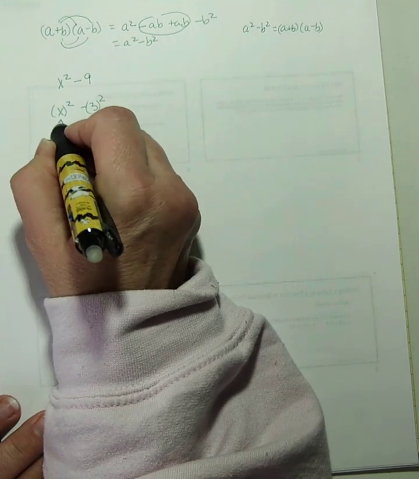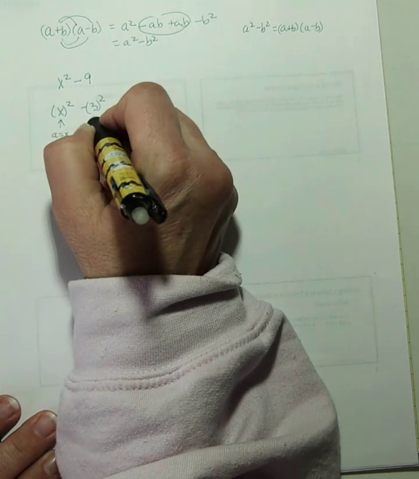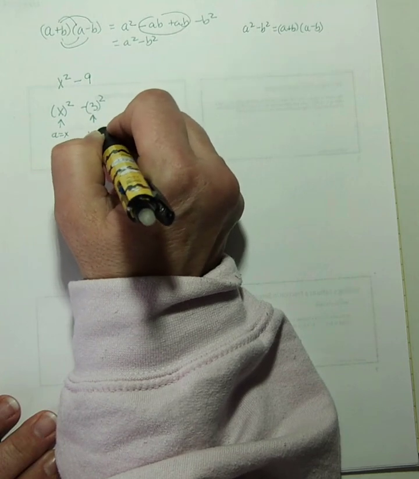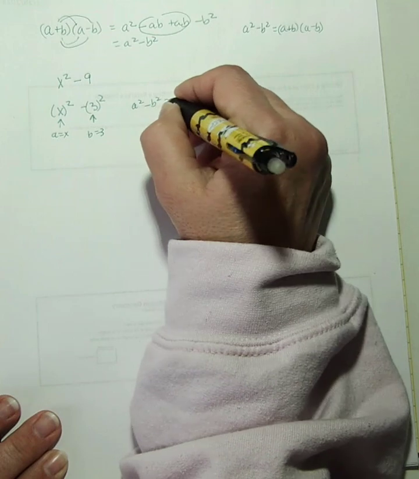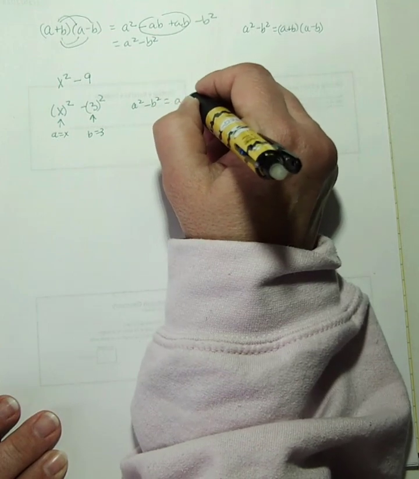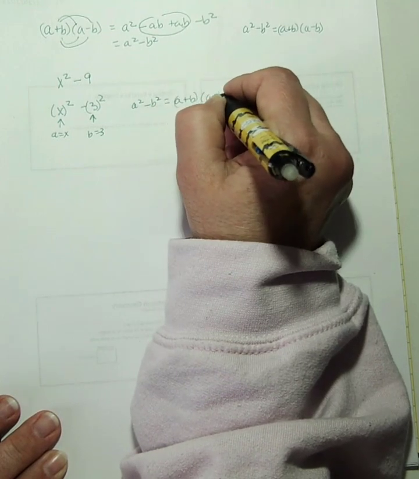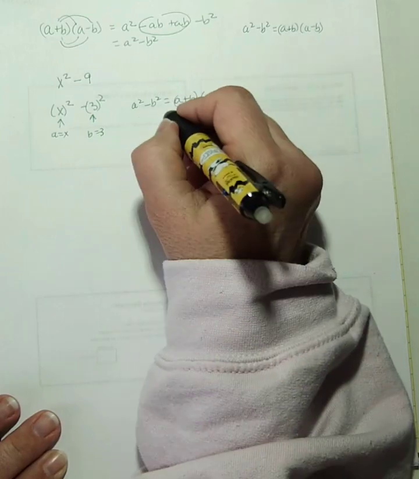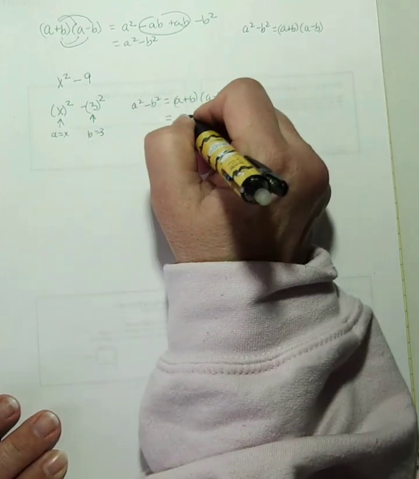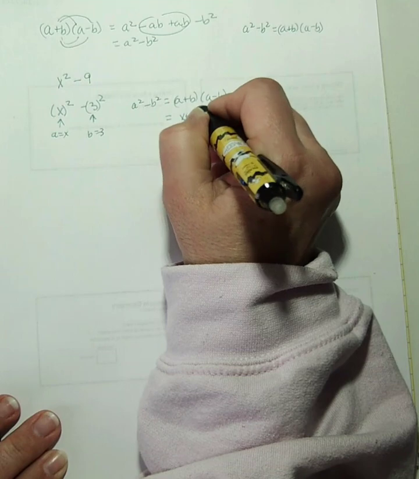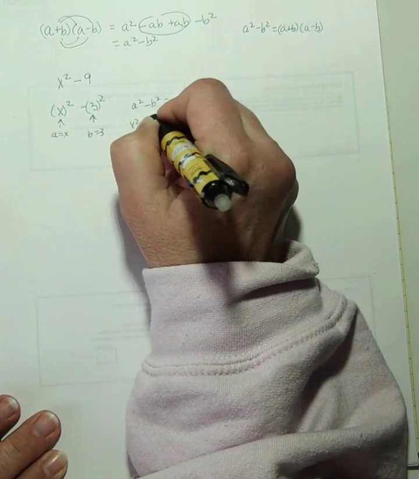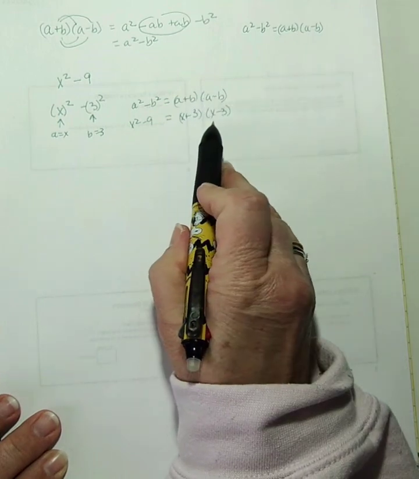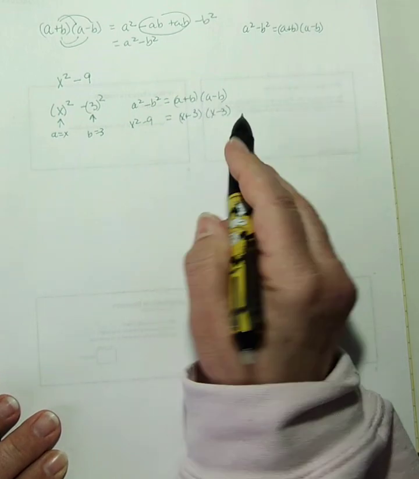This is my A and this is my B. So now I know A squared minus B squared equals A plus B, A minus B, so I can put them in here. If my A is x and my B is 3, I would have x squared minus 9 equals x plus 3, x minus 3.